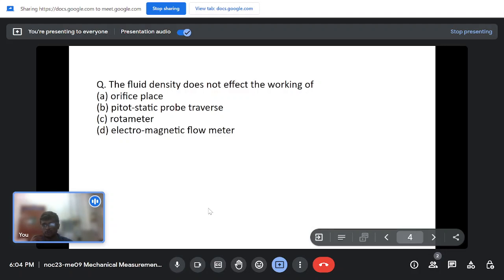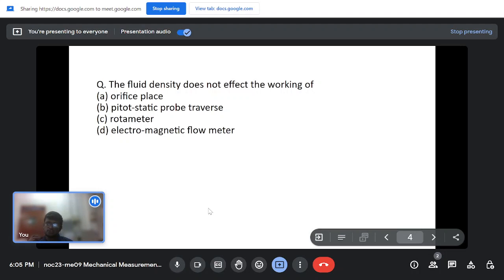That is a pitot type measurement. And then you have a rotameter, in which a bob is placed inside a tube, and when the flow occurs, the bob will move, and you use that as the measurement. That is a rotameter. And you have the electromagnetic flow meter, where you measure the velocity, the change in the flow.